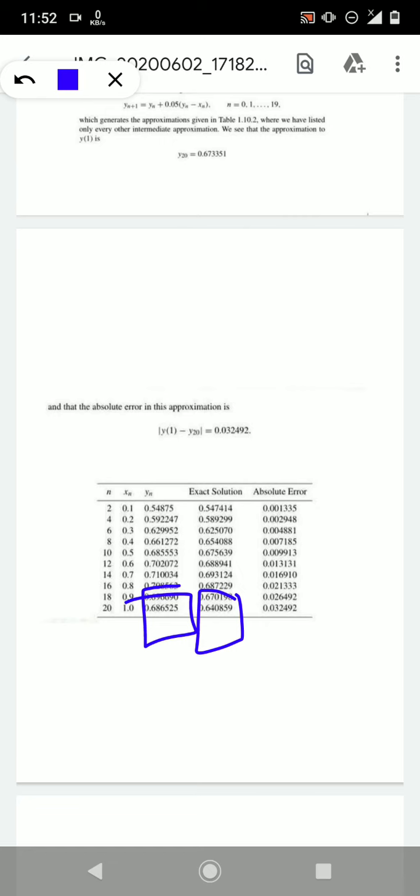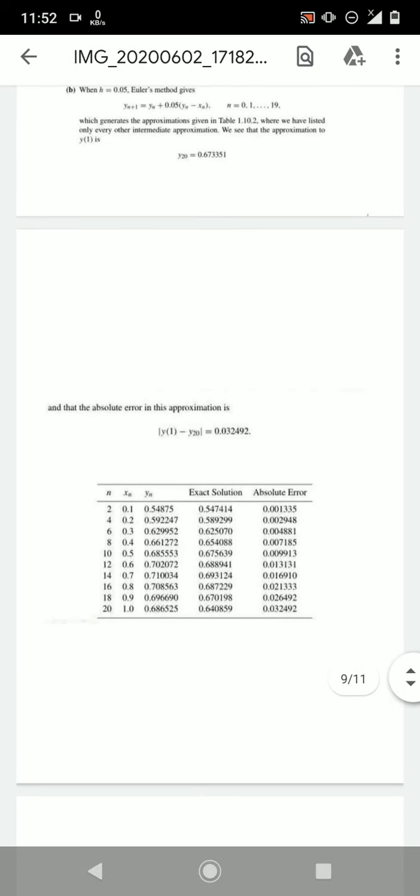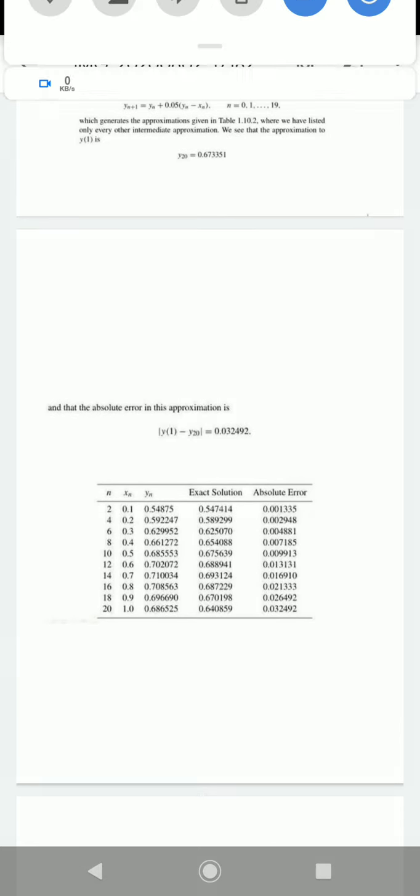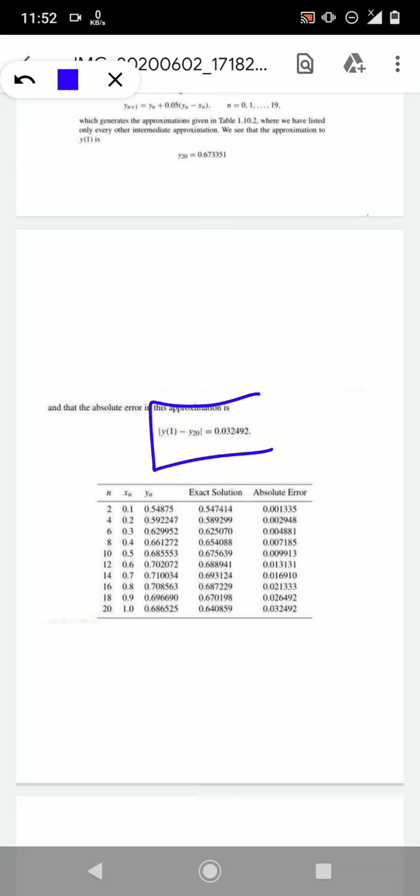The absolute error is the difference between these two function values, which is equal to 0.0032492.